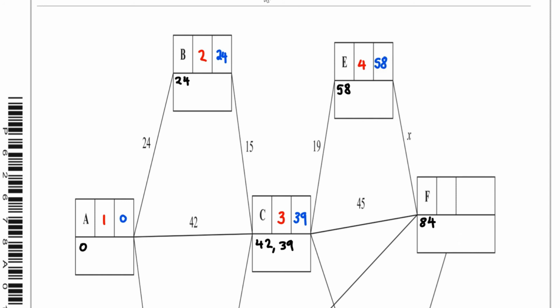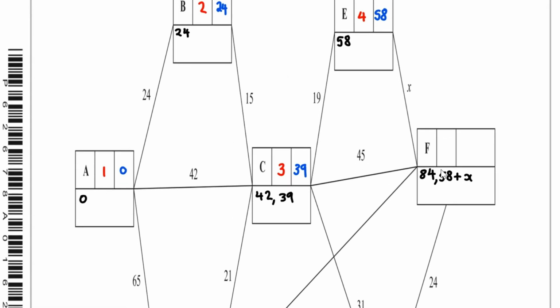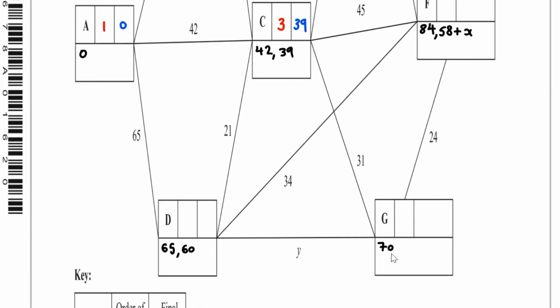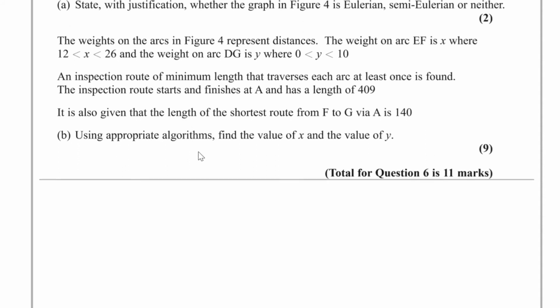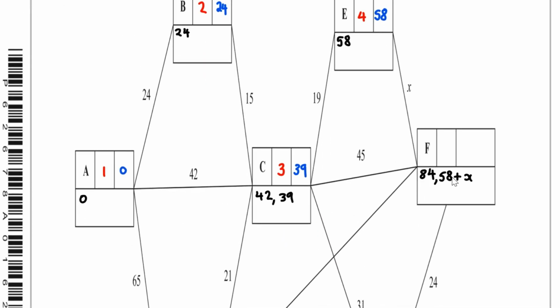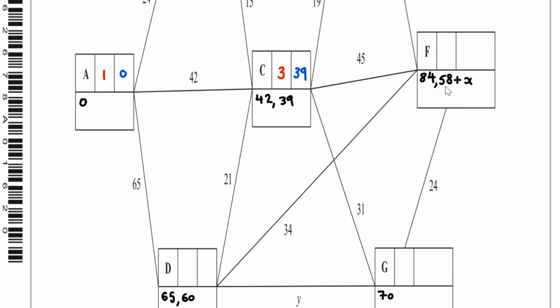So here we would have 58 plus x. And now we need to find the smallest value from 58 plus x, the 70 and the 60. Well, we know already that x is in between 12 and 26, so the smallest value x can take is 13. So if we add 13 to 58, we would get 71.